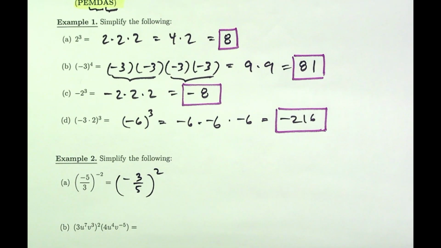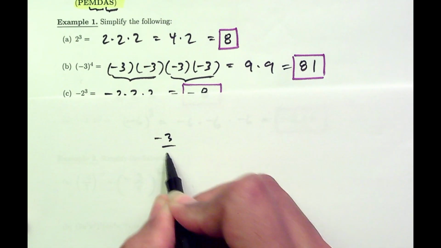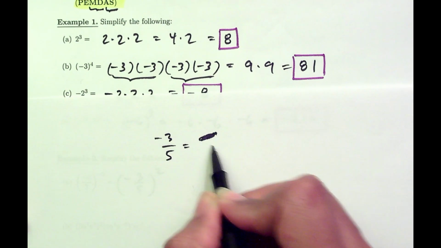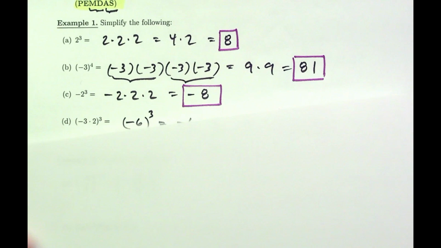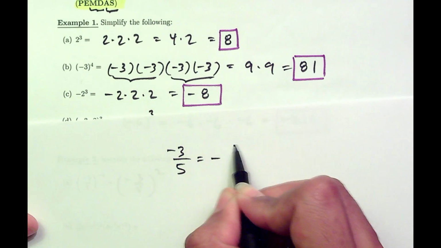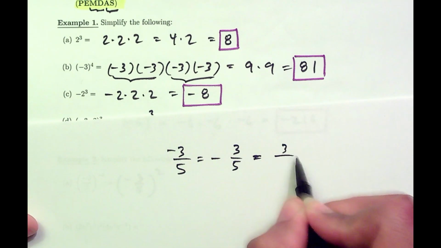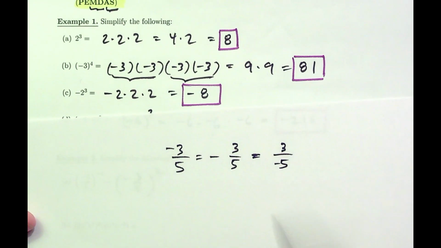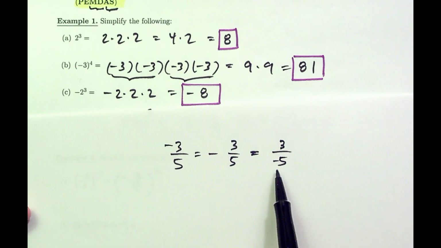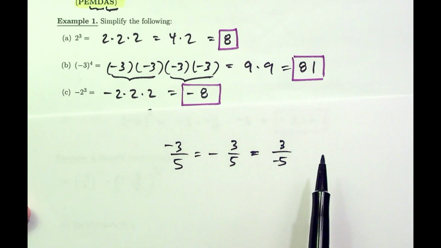When you have a fraction, if you have a minus like that, this negative 3 over 5 is really the same thing as negative 3 over 5 or 3 over negative 5. All these things are the same, meaning you can put the negative on the top, you can put it in the middle, you can put it in the bottom. All three ways are exactly the same thing.